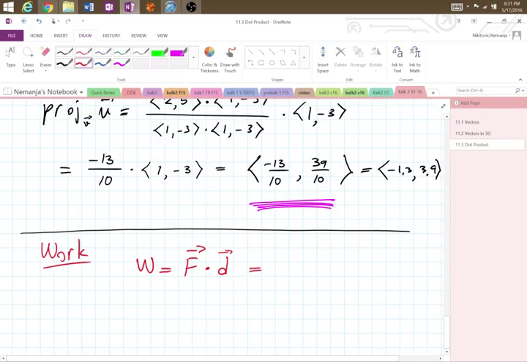So we have the magnitude of the force times how far, the distance you have to cover, times the cosine of the angle in between them to take care of the situation, the way you push.